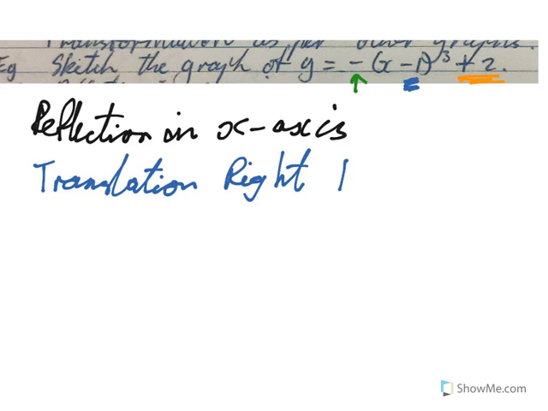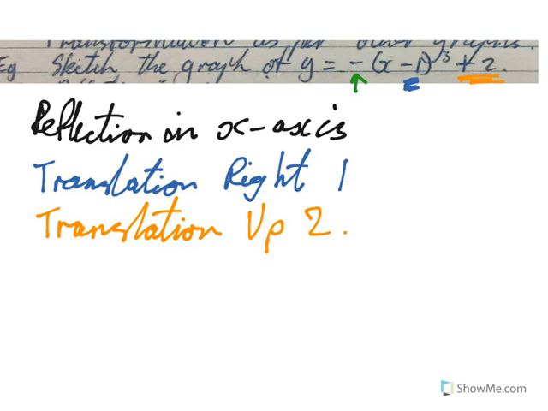And then we've got this plus 2, which is a translation up 2. Now, if we combine these two things, translation right 1 and up 2, that's going to do for our point of inflection. So our point of inflection, instead of being at (0, 0), is going to be moved right 1 and up 2. And so there's our point of inflection.